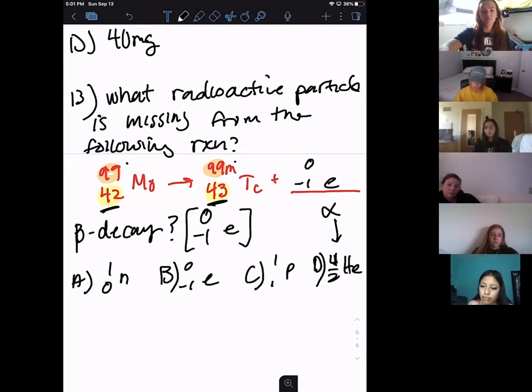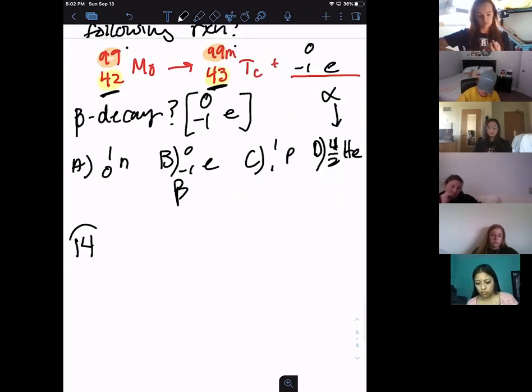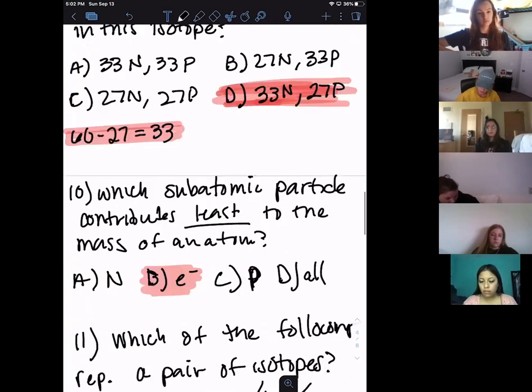So what do you need to know about this? You need to know the formulas, or at least remember the visuals for the formulas for both alpha and beta decay. Notice how I didn't ask you to do it or solve it or make a new number or find it or whatever. He just wants you to know the formulas. Okay, that is what you would add to show that this is in fact beta decay. Okay, cool. 14.